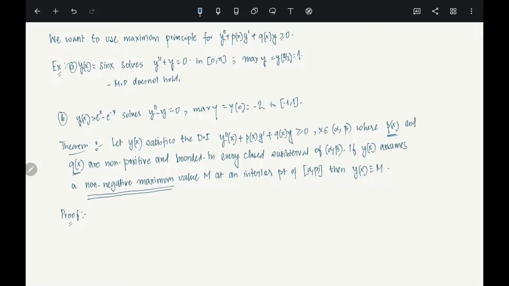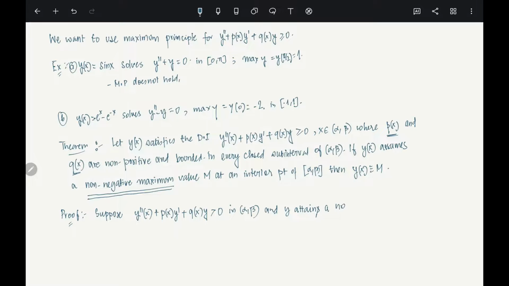Is it okay? So let's look at the proof. Let's assume, as we did earlier, first of all, suppose y double prime(x) plus p(x) y prime plus q(x) y is strictly greater than 0 in alpha beta. Let's just assume that. We will also assume that y attains a non-negative maxima.